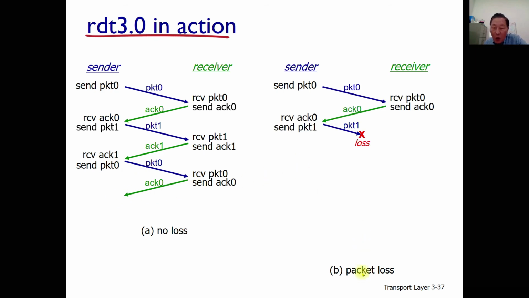And this one is the packet loss case. Okay, here the sender side is sending packet 0, and the first one is received successfully, but the next one is in error. During that transmission, it was lost, and it was not received by the receiver successfully.